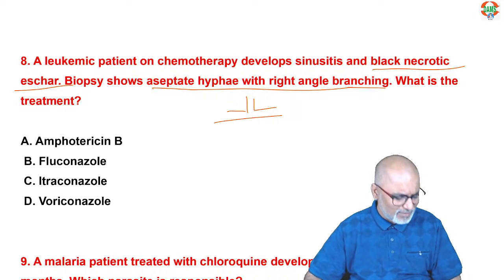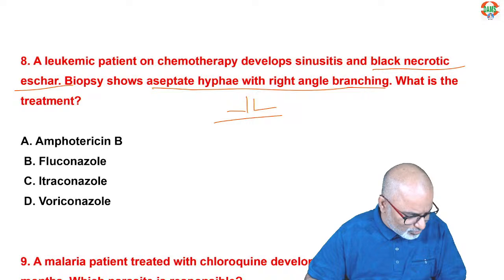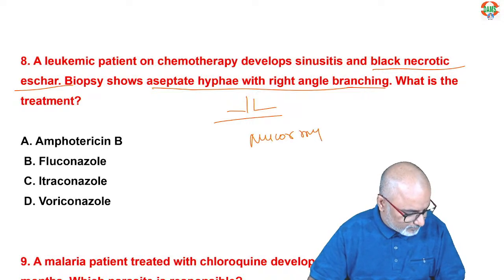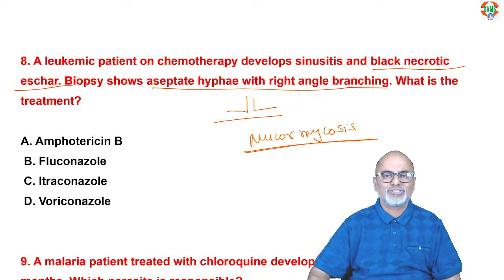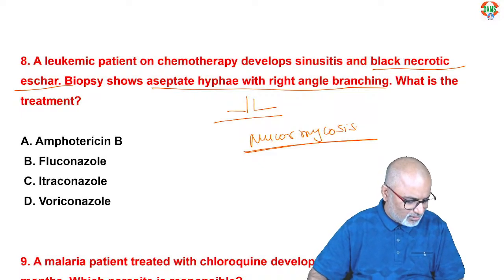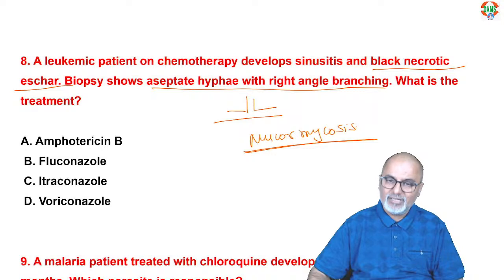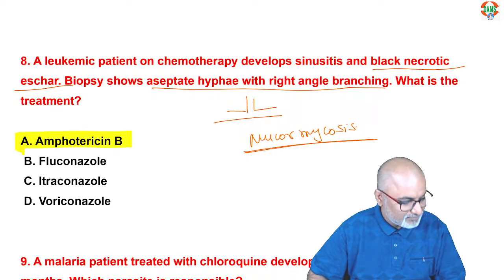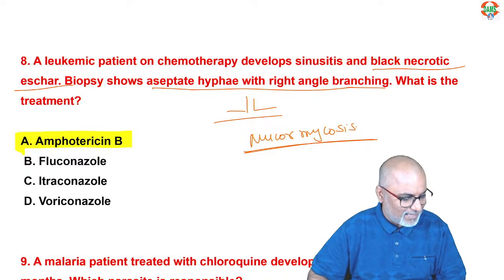This is mucormycosis. Drug of choice for mucormycosis is amphotericin B.